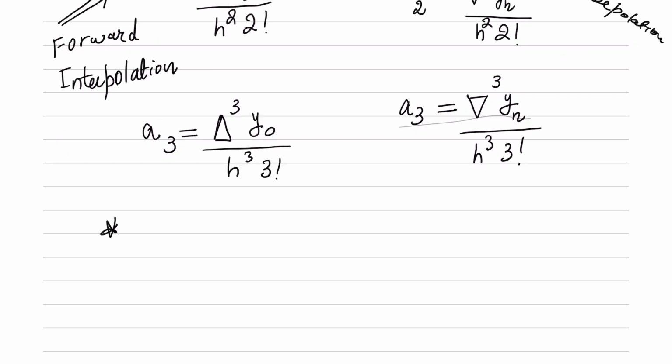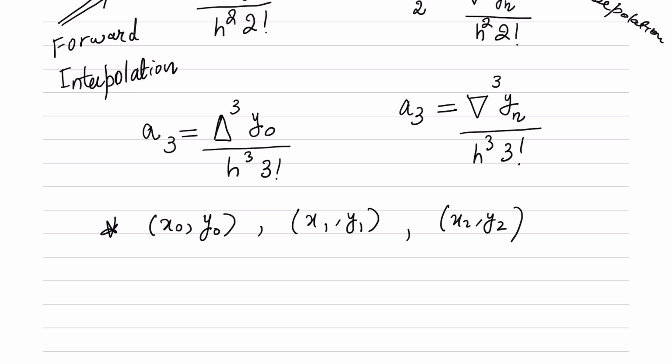So let's write the backward difference Newton's polynomial for 3 data points: x0, y0, x1, y1, x2, y2. And these data points are equally spaced. So what you do for the backward difference operator polynomial, you write whatever is your last x as xn.